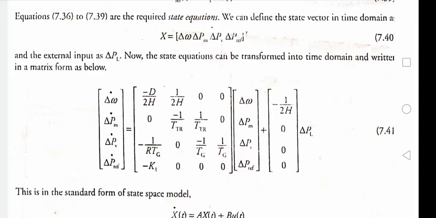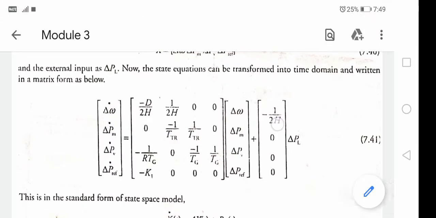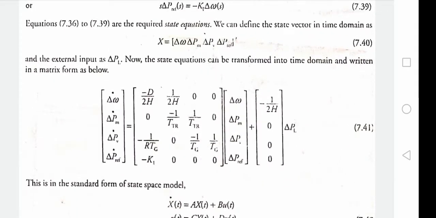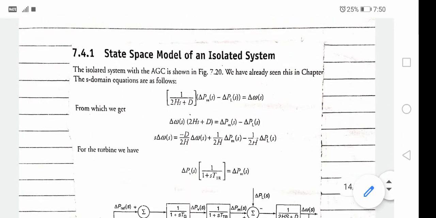and the state equation can be transformed into a time domain and it can be written in a matrix form like this. Okay, so here delta omega, delta Pm, delta Pv and delta P reference are taken at one point, and with respect to this, in the previous equations, whatever the value you are having, you have to write. So here for delta omega, first you need to see the equation number 1 that we have derived.